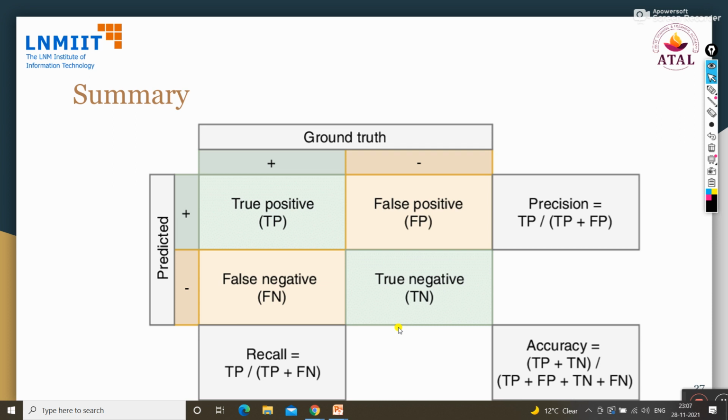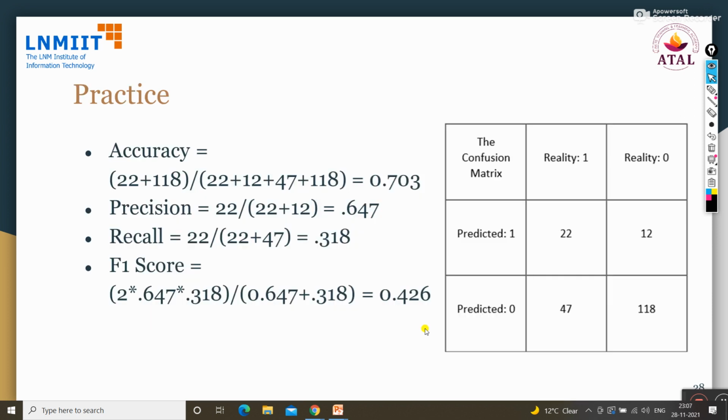So what is the median value of that? They are going to find that value. They are saying we are not considering precision alone, and not recall alone; I want the median value of these two.